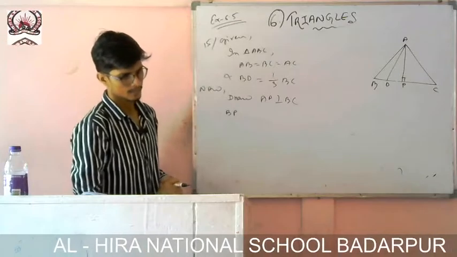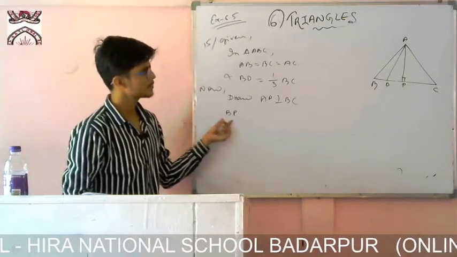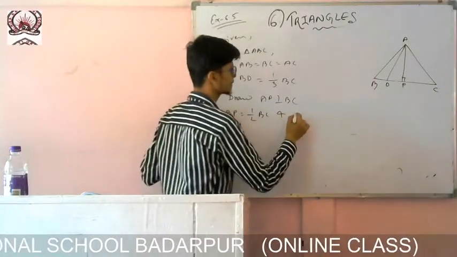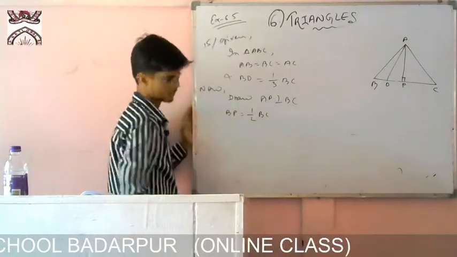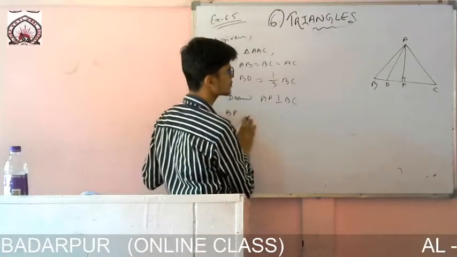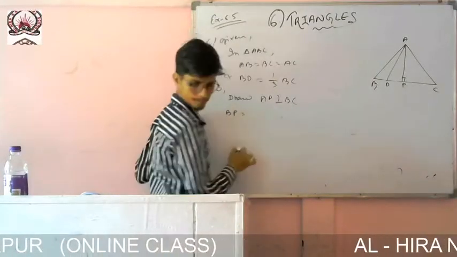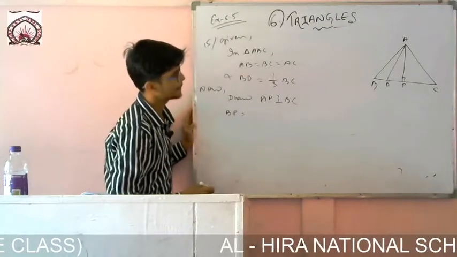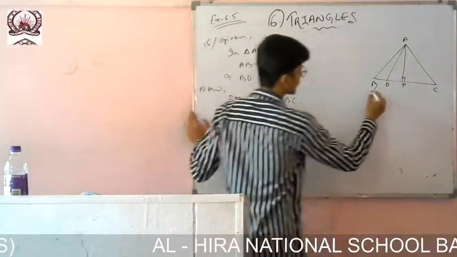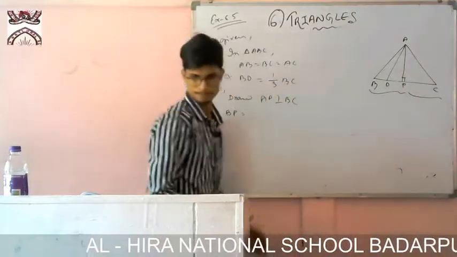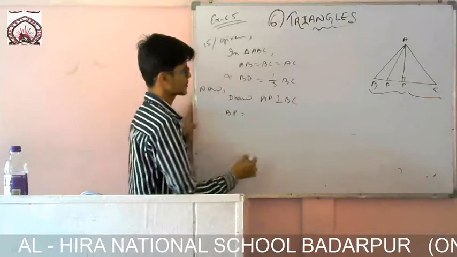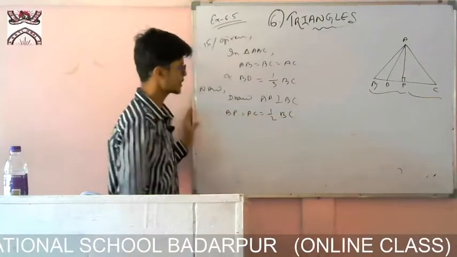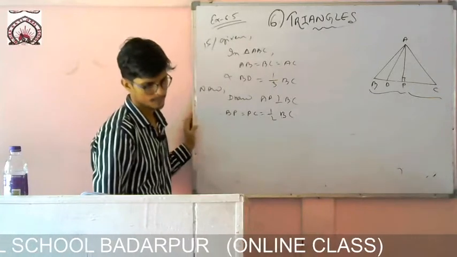So BP is equal to half of the whole BC. So BP equals PC equals half of BC.